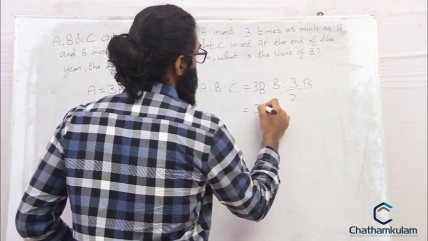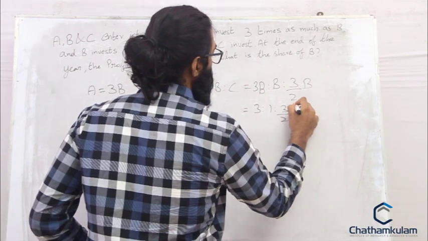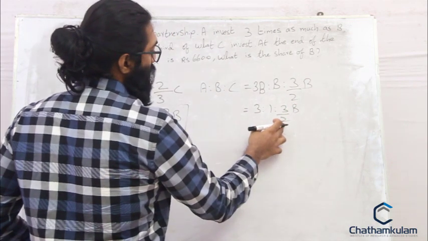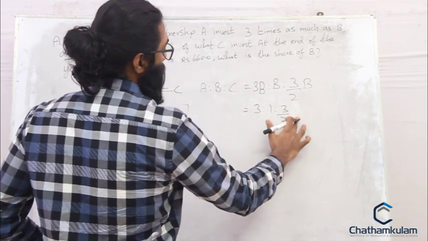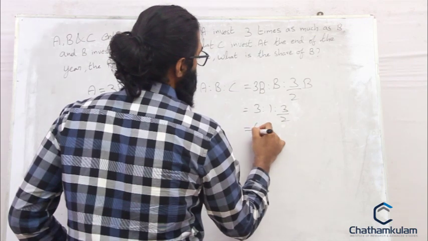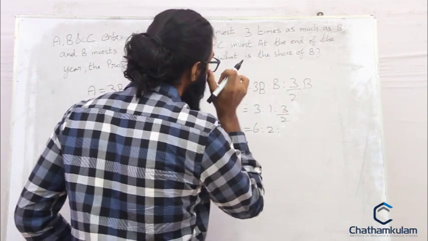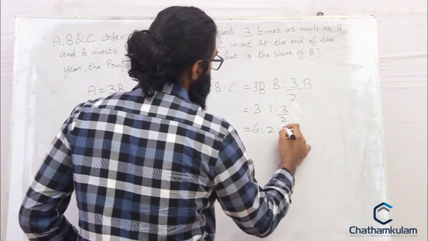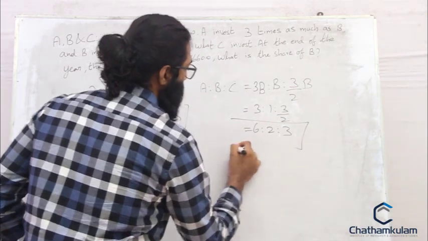So the ratio is 3:1:3/2. Since this is 3/2, we multiply everything by 2. So the ratio will become 6:2:3. Okay, I hope the ratio is clear.